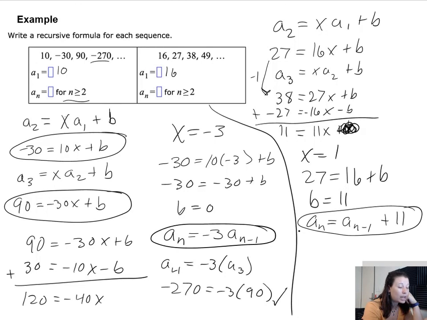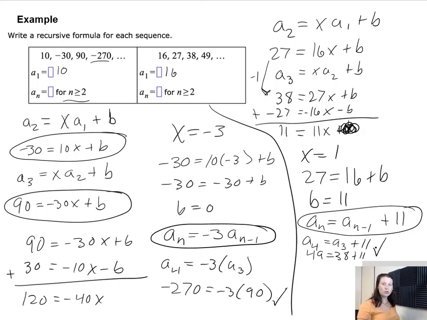We can check it really quick to just say a4 is equal to a3 plus 11, so that's 49 is equal to 38 plus 11. That is true, so that works. Okay, so that's how to write out a recursive formula if you're given multiple terms. Okay, and that is also the end of the 10.2 lecture.